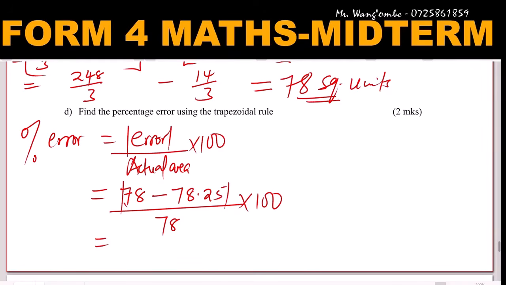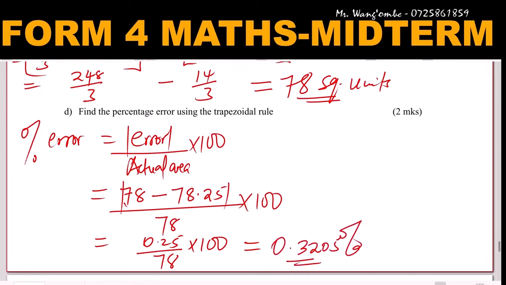So 78 minus 78.25, ignore the negative, so you get 0.25 divided by 78 times 100%. This will give 0.3205% as the percentage error.